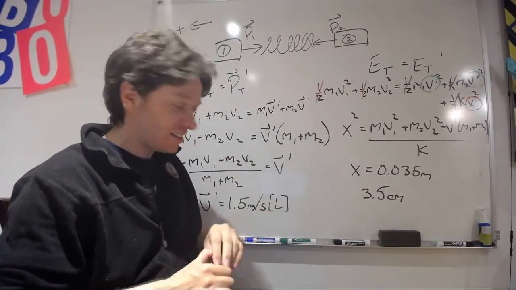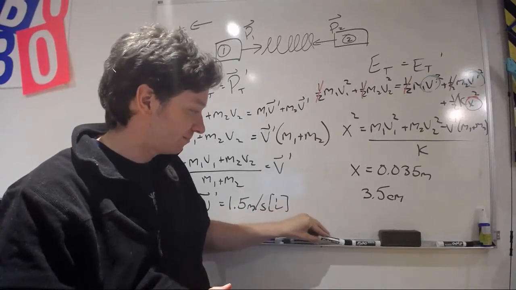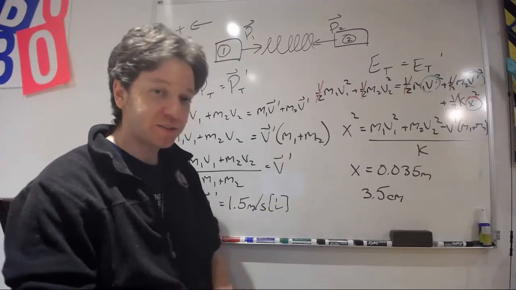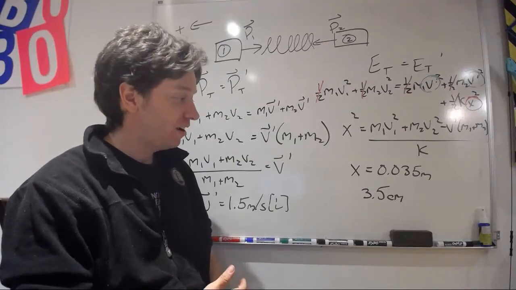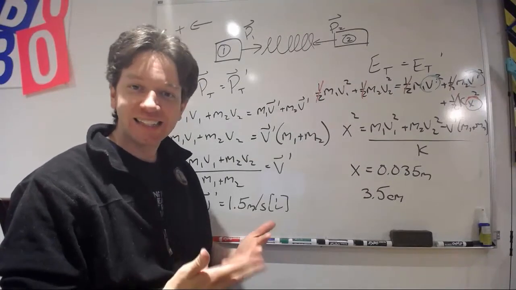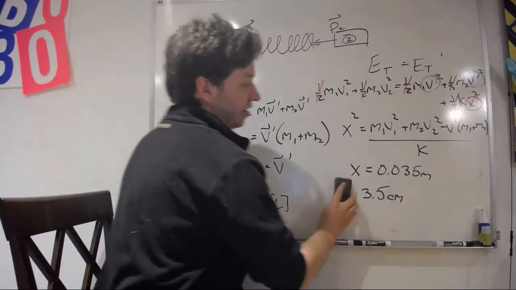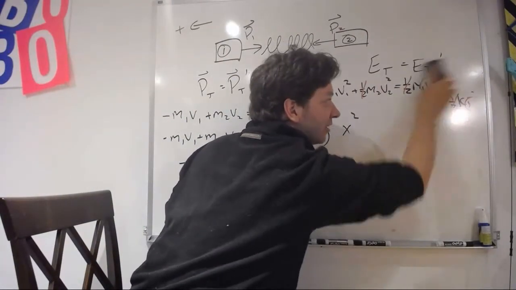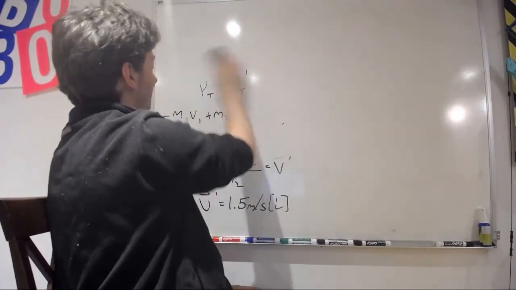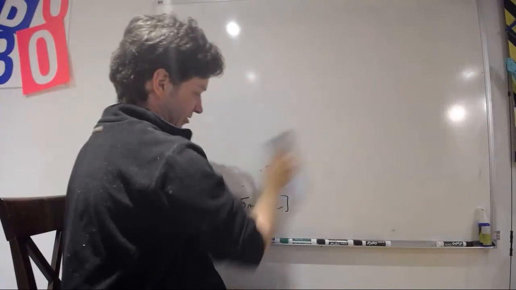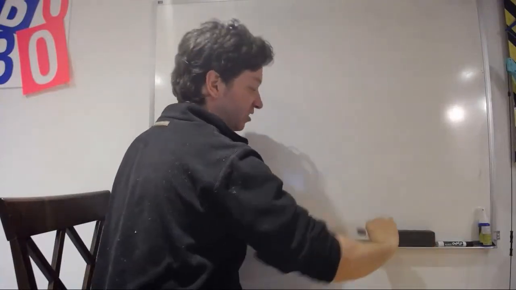Now that's a challenging question because we use both momentum conservation and energy conservation, but using both actually helps to solve a lot of questions. Another example, just before I stop the video, I won't solve this example, but it is called a ballistic pendulum.